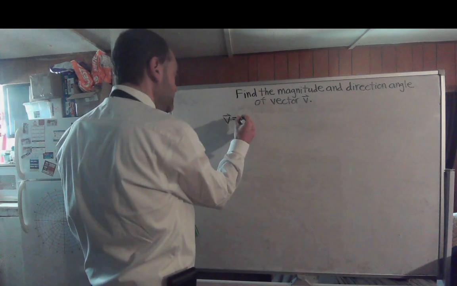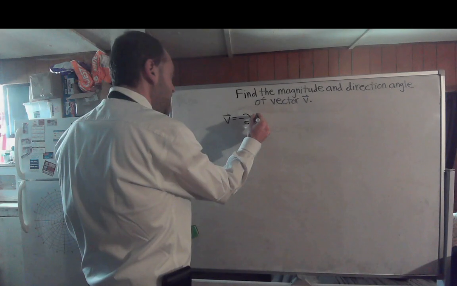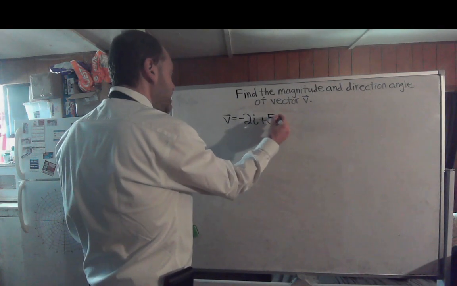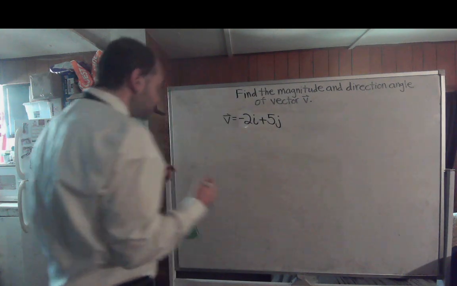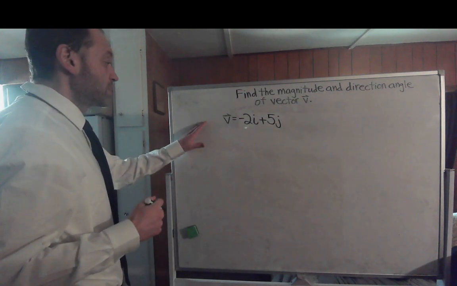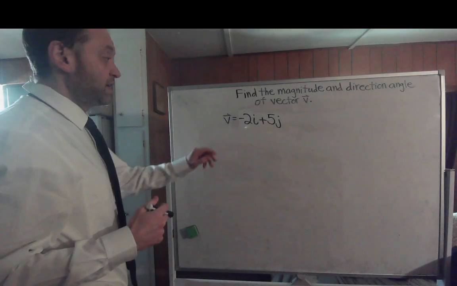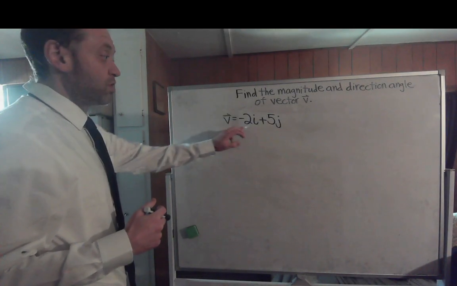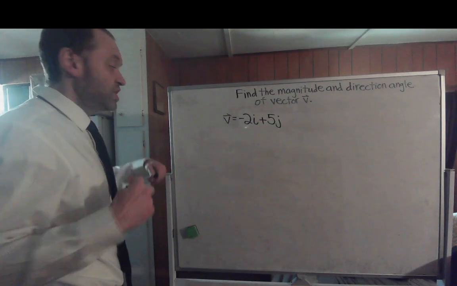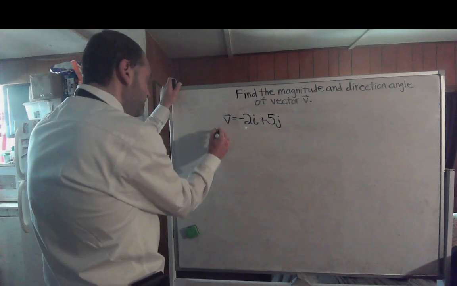Alright, v is equal to -2i plus 5j. All right. So vector v in the linear combination form is negative 2i plus 5j. So let's find the magnitude of vector v.